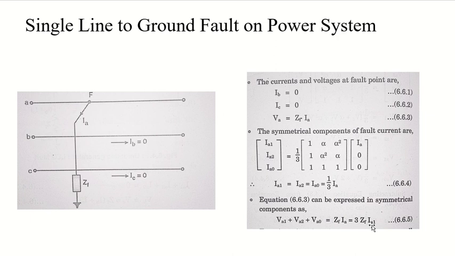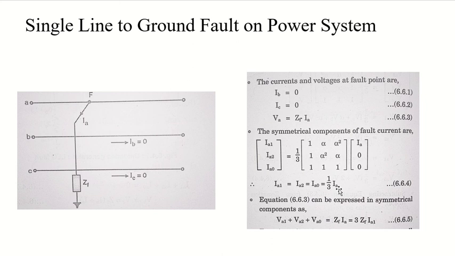Alright, so what do these two equations tell us? The last two equations which we just derived: the first one says that the symmetrical components of positive, negative, and zero sequence for my fault current IA are equal, and the second one tells us the voltage values: VA1 plus VA2 plus VA0 is equal to 3 ZF into IA1.